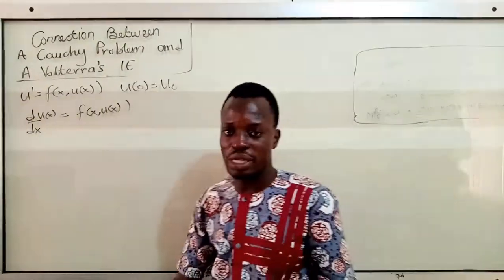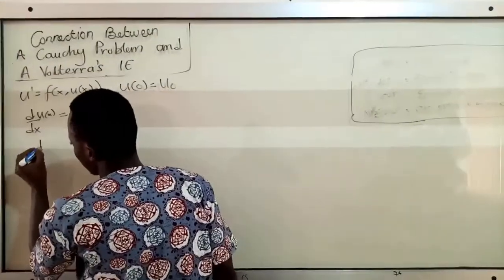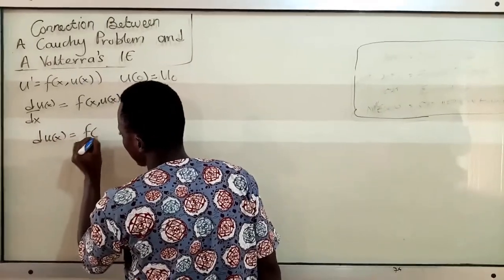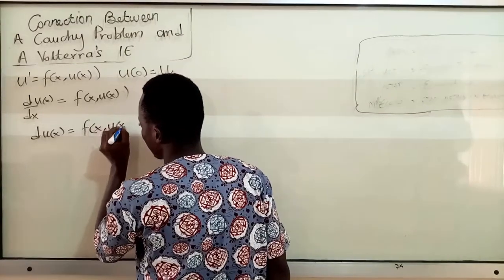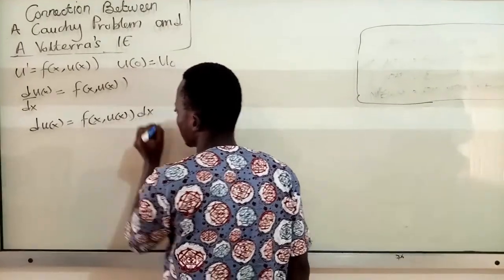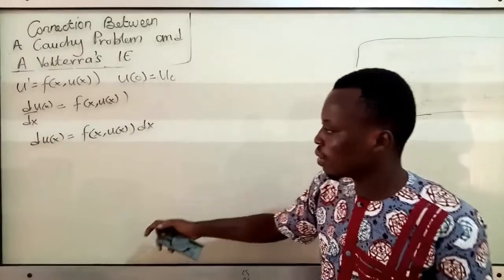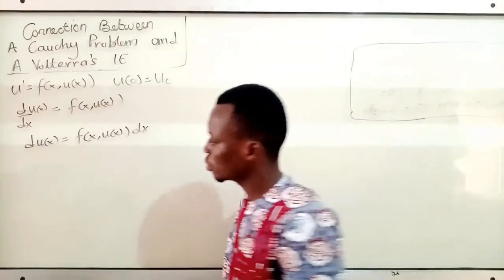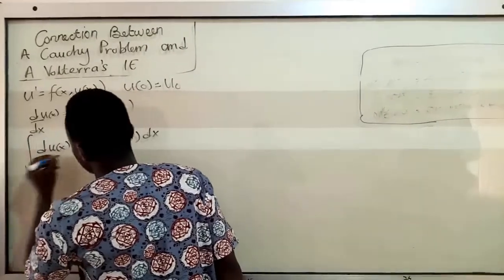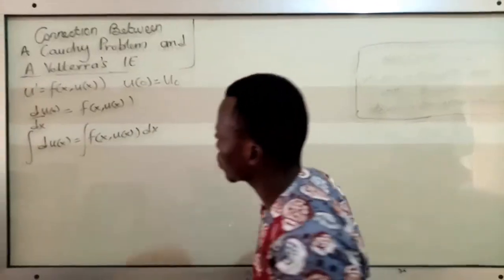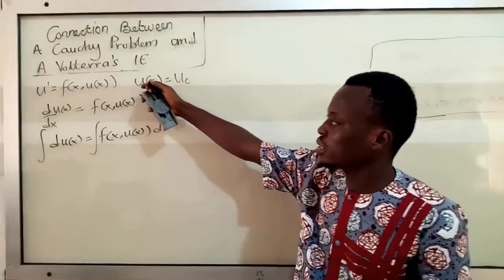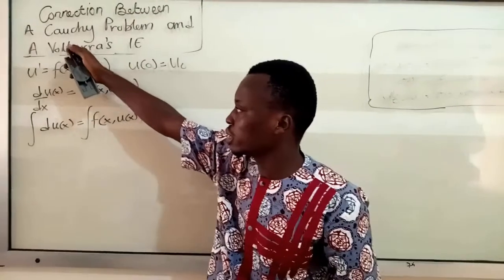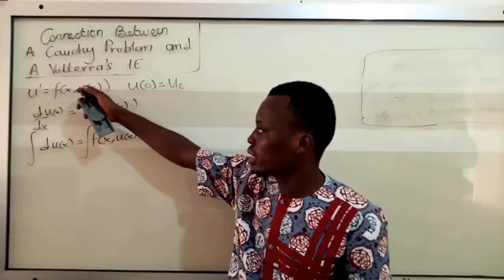The resulting equation becomes this. Now let's integrate both sides of the equation. Since the initial point starts from 0, we're going to integrate from 0 to s, since it's a Volterra's integral equation.